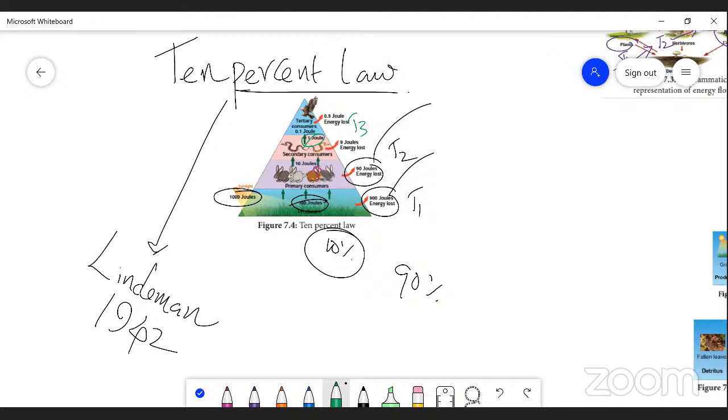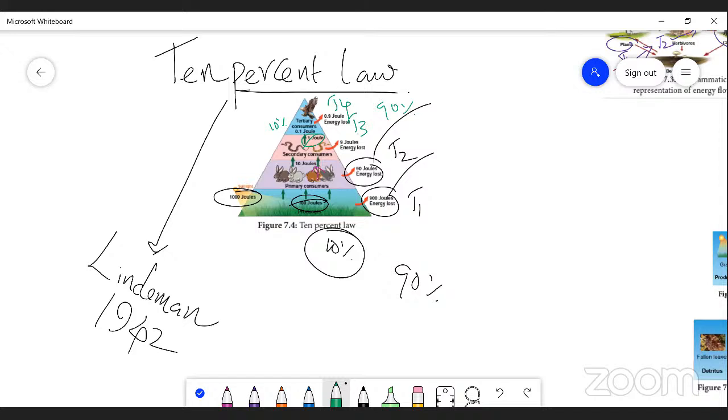According to the 10% law, right? Then finally, from 1 joule, only 10% is utilized and transferred from T3 to T4, and the remaining 90% is lost in the form of heat. This is called the 10% law.